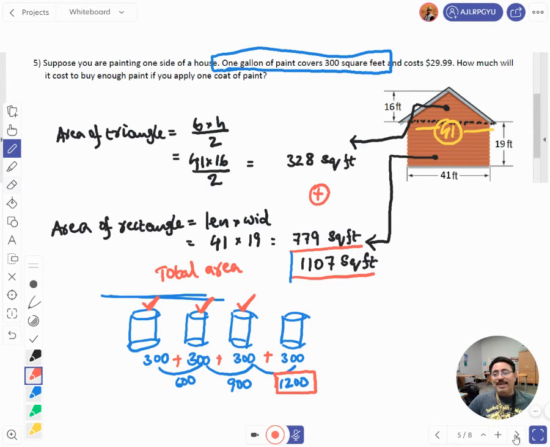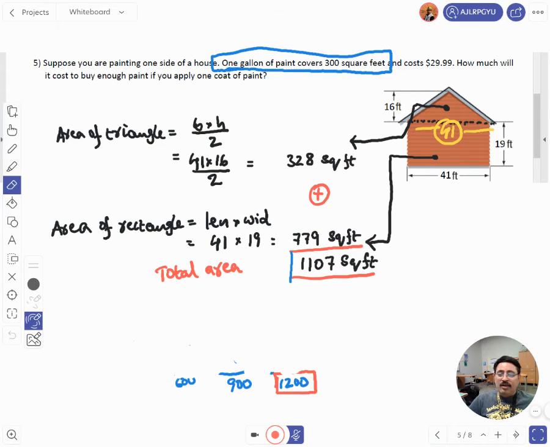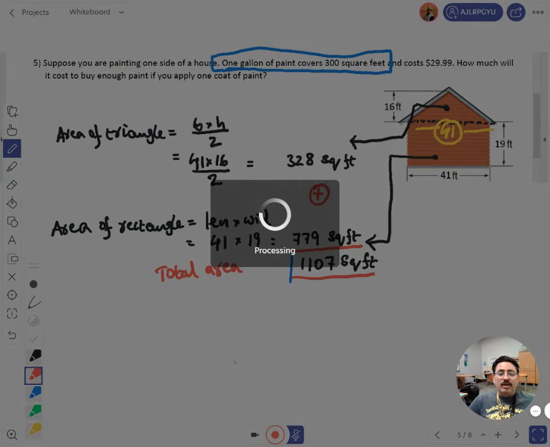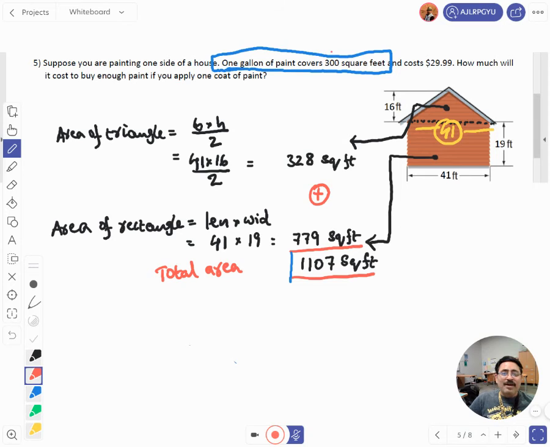Right? Then mathematically, how to solve this? Just give me a second, let me clear it off. Instead of doing these kinds of additions and subtractions, what you have to do is, we know that each tin covers 300 square feet, so you take 1107 divided by 300.